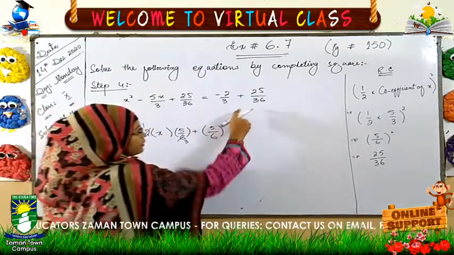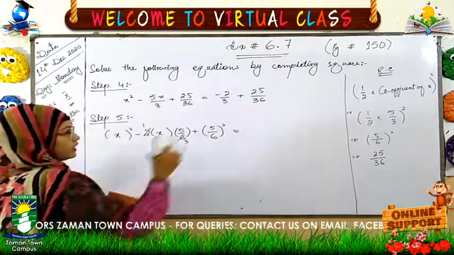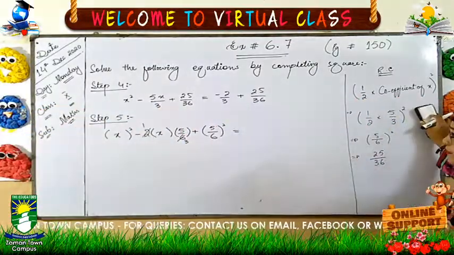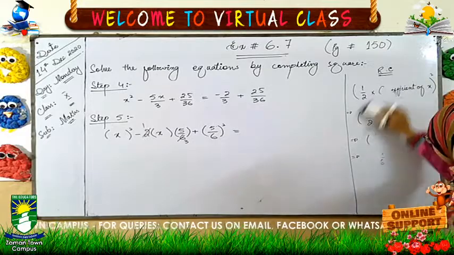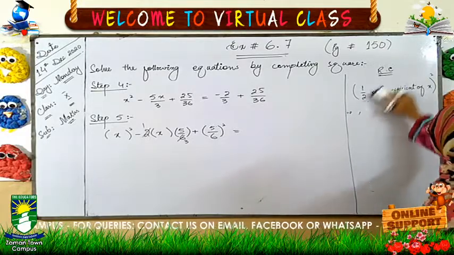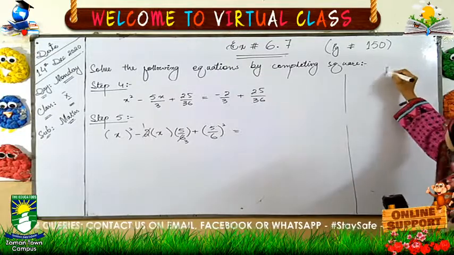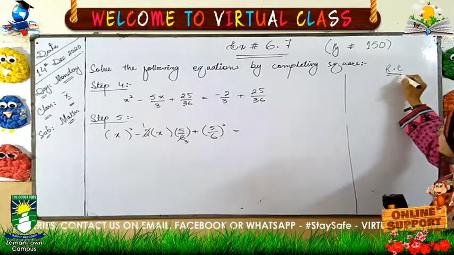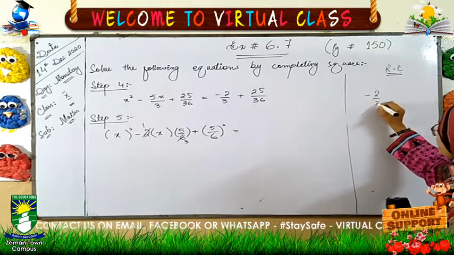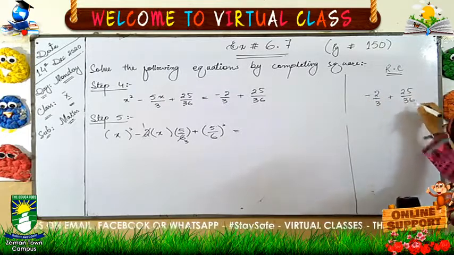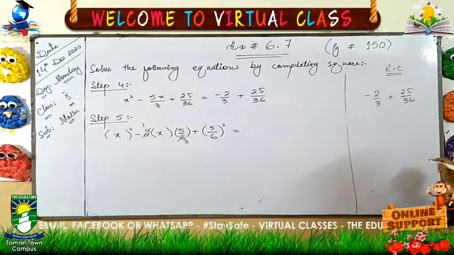Now here what we have to do? We have to simplify the right hand side by taking the LCM. Simplifying it in the rough column: minus 2 upon 3 plus 25 upon 36. How do we simplify it?